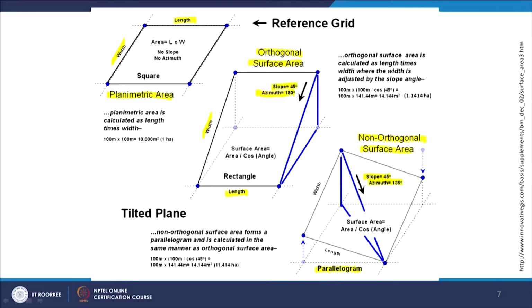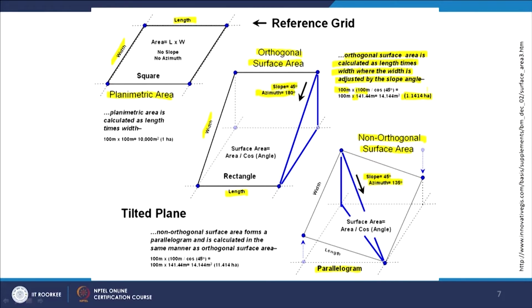So in the orthogonal case, surface area is calculated as length times width, where the width is adjusted by the slope angle. The example is given here: 100 meters multiplied by 100 meters by cos 45 degrees, you ultimately come to 1.1414 hectare.